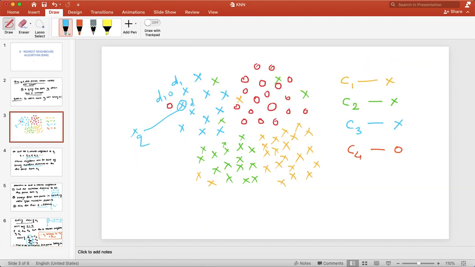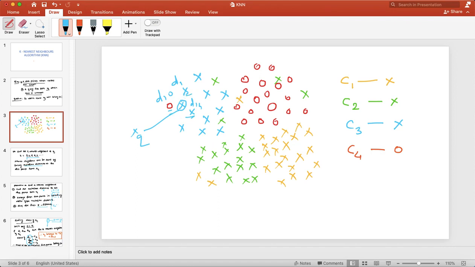Because we can see visually also, they are the 3 nearest neighbors. They are nearer to XQ than other points. So look at the classes of these 3 data points.